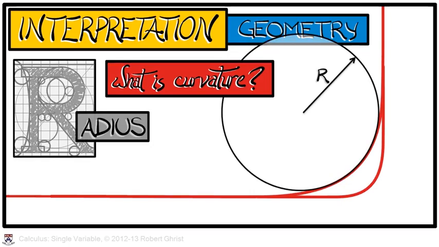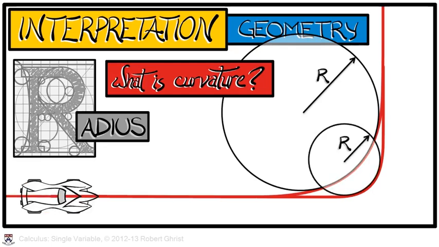If we had a circle that was tangent to our road, the point at which we're turning, then the radius r of that circle would seem to correlate somehow to the curvature that you feel as you go around. The smaller the radius, the higher the curvature.